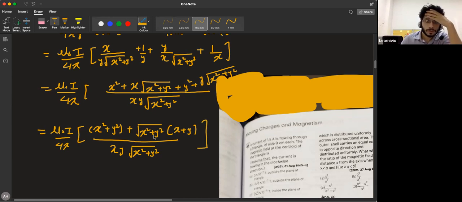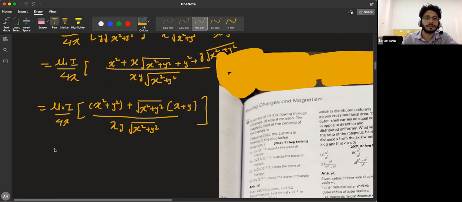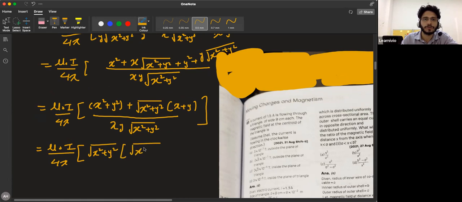Okay, so what we can do is take root over x square plus y square as common. It will get cancelled out. So this is mu naught I by 4 pi. If we take root over x square plus y square as common, here we are left with just root over x square plus y square.